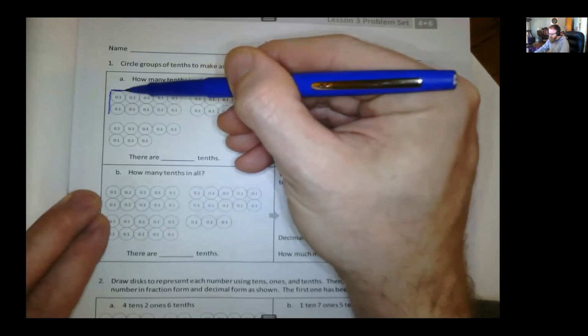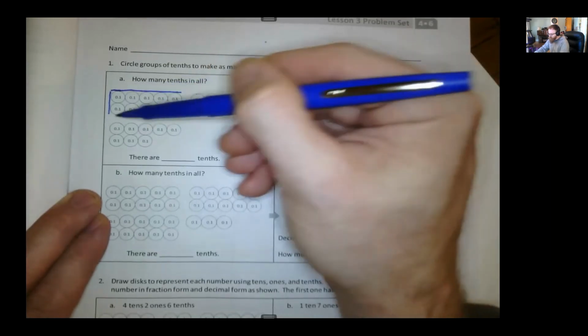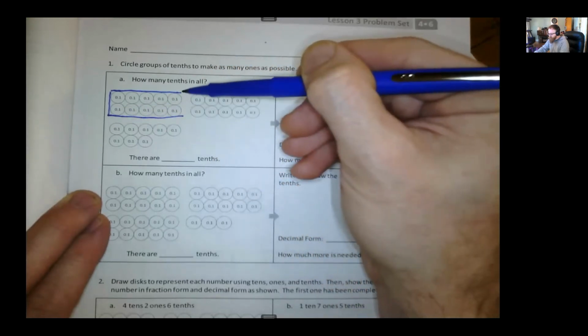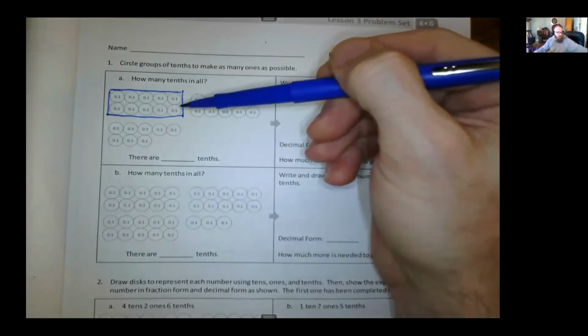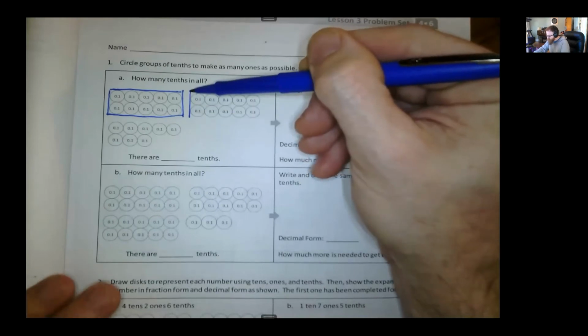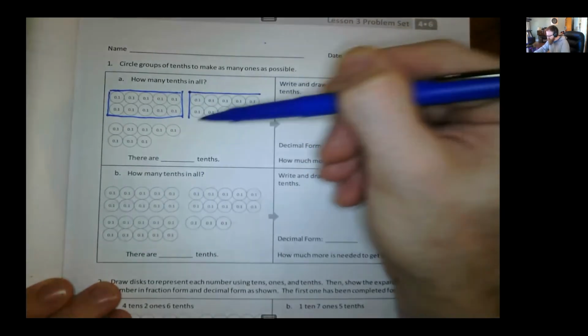10/10, as we already know, is equivalent to or equal to 1 whole. So a group of 10 1/10 discs is equal to 1 whole. We have 2 groups of 10 discs here.